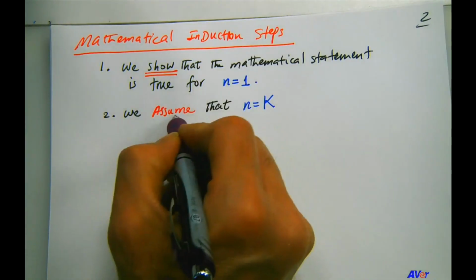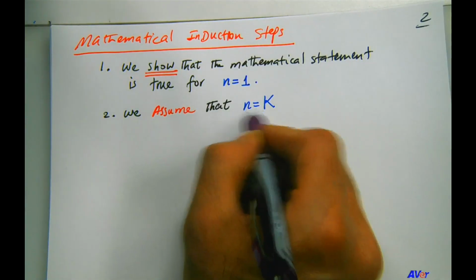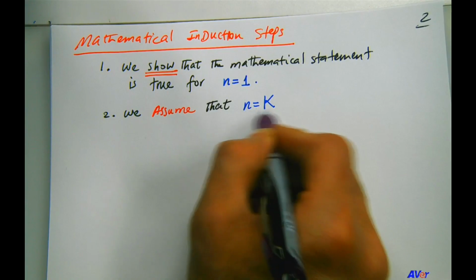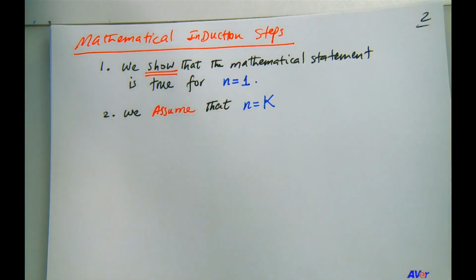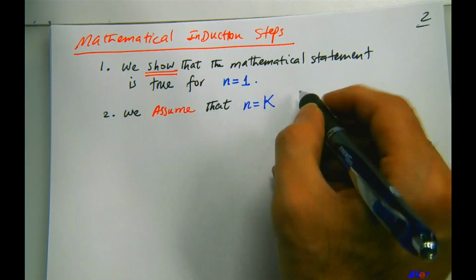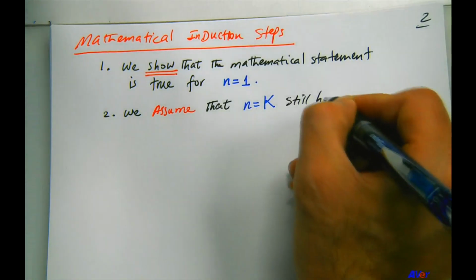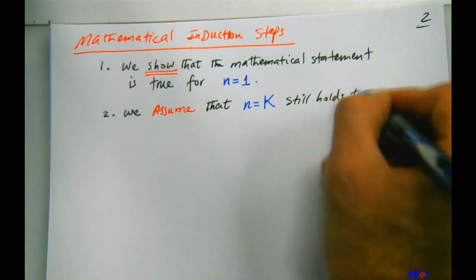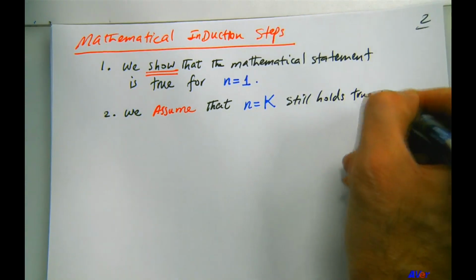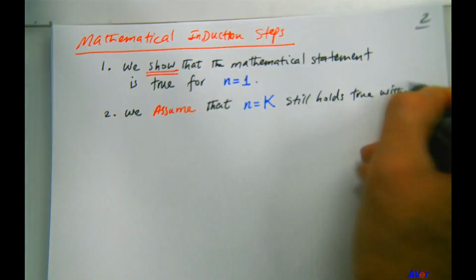We assume that it's going to work for n equals k, that it still holds true within the mathematical statement.